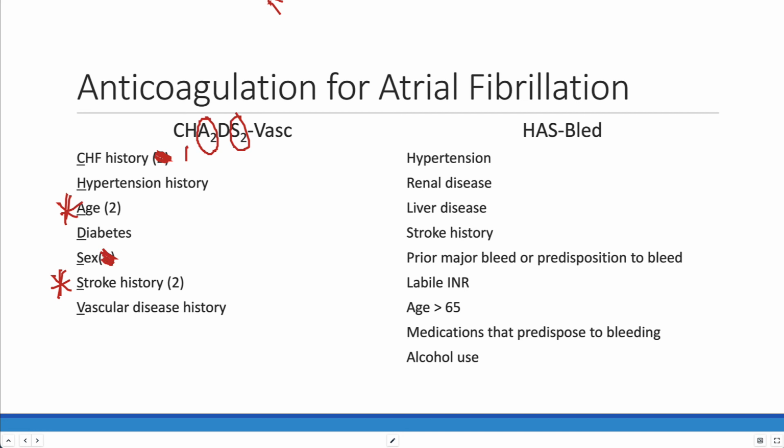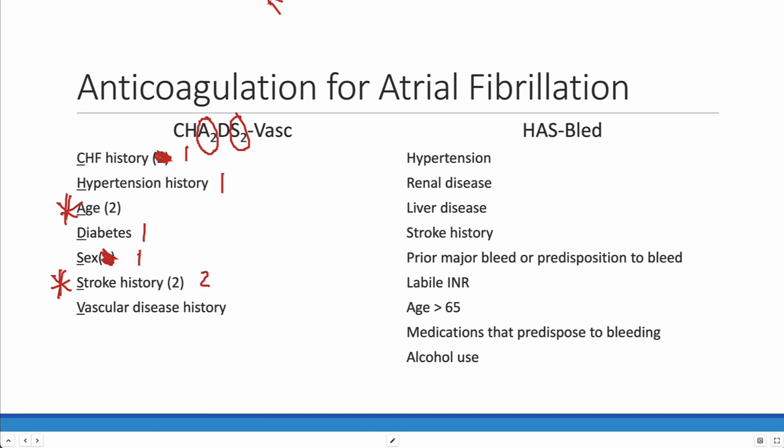Hypertension gives you 1 point. Age is broken down by less than 65, 65 to 74, and then greater than 75 gives you 2 points. Diabetes gives you a point. Female sex gives you a point. History of stroke gives you 2 points.